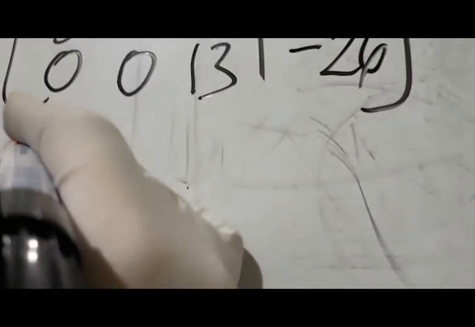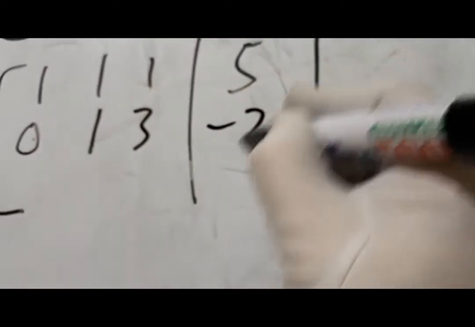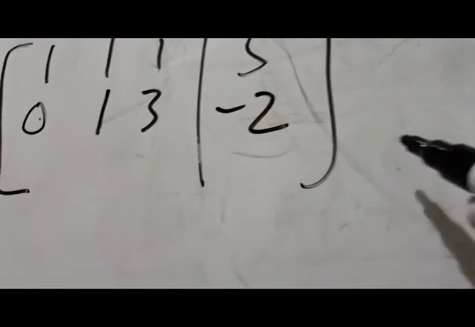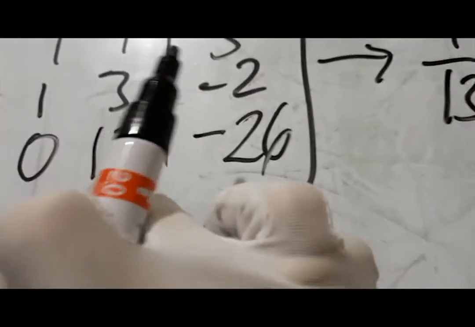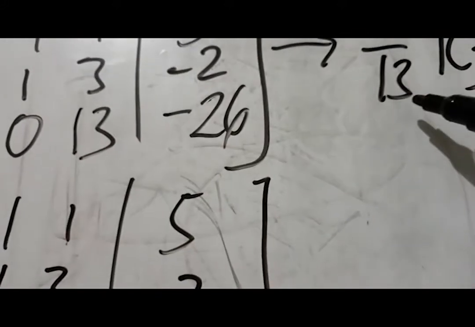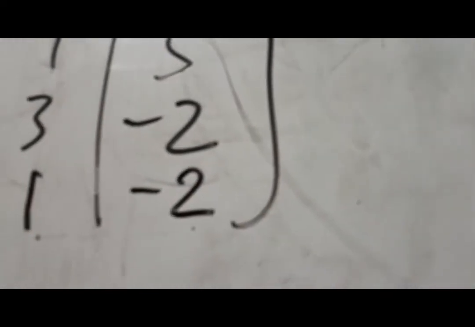So the reduced form now would be 1 1 1 5, 0 1 3 negative 2, and then 0 0 1 negative 2. So we just divide this 13 by 13. R3 is 13 divided by 13 is 1, and negative 26 divided by 13 is negative 2.